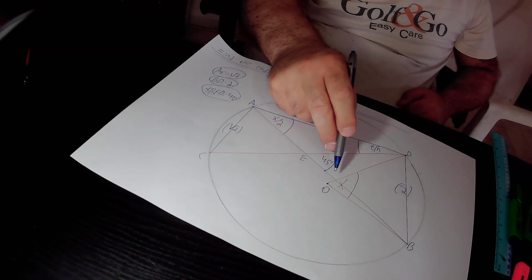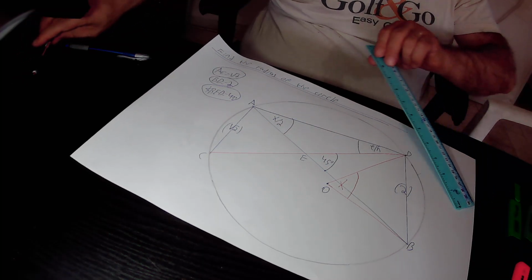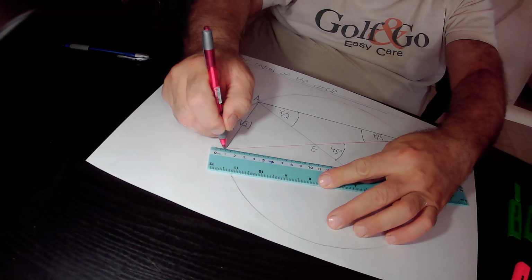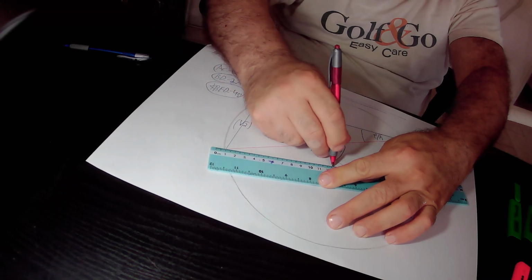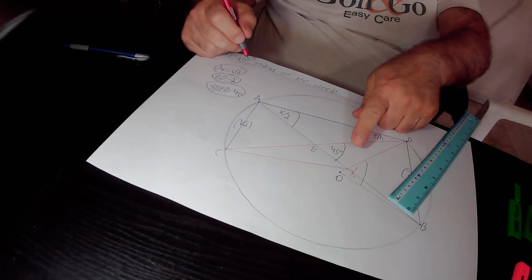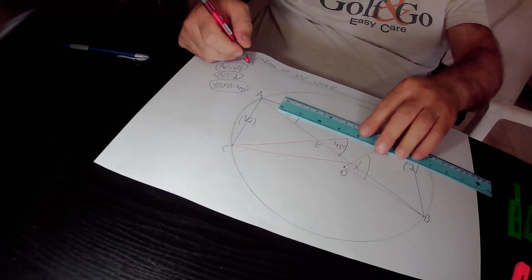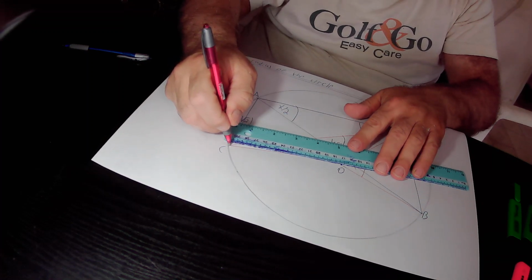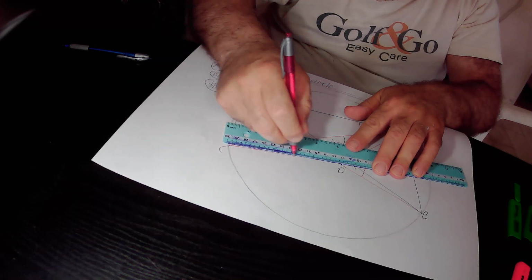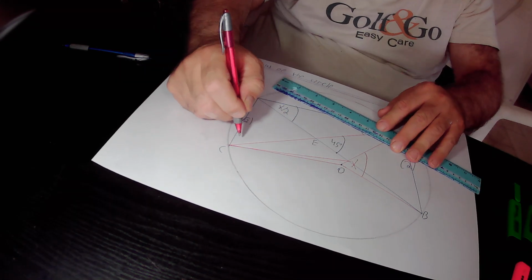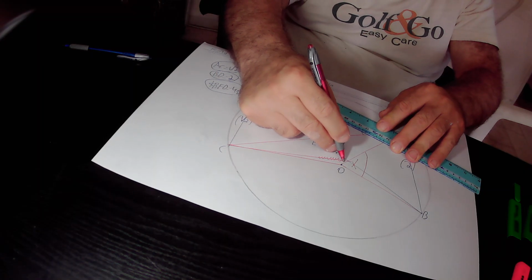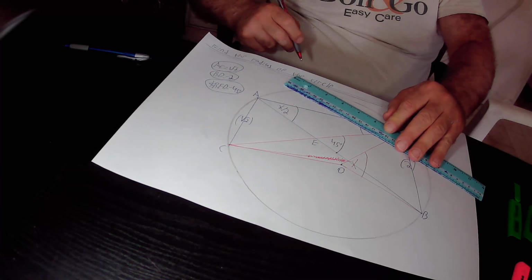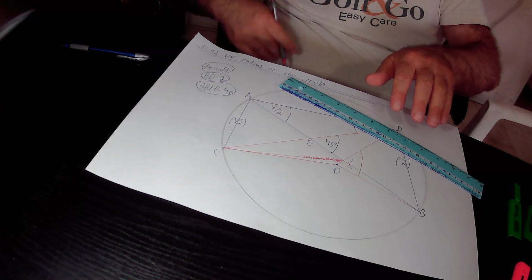In the next step, we will join points O and C together by a straight line. Likewise, we join points O and A together by a straight line.